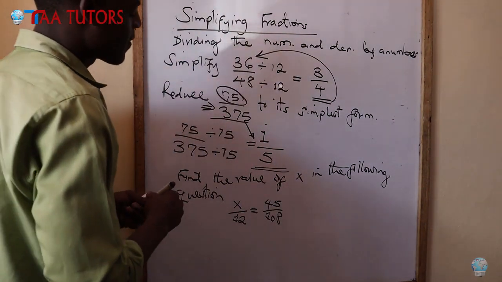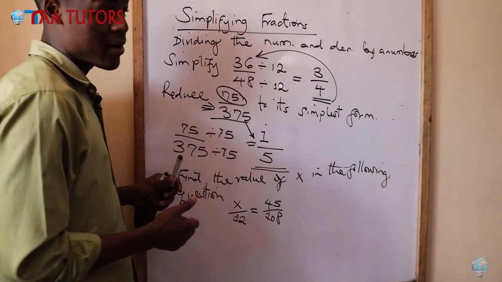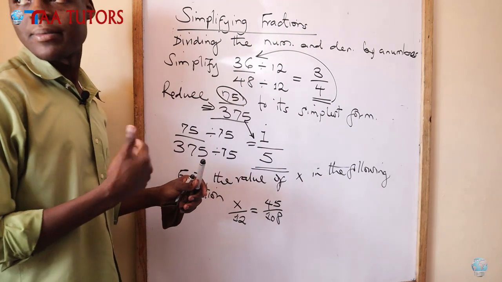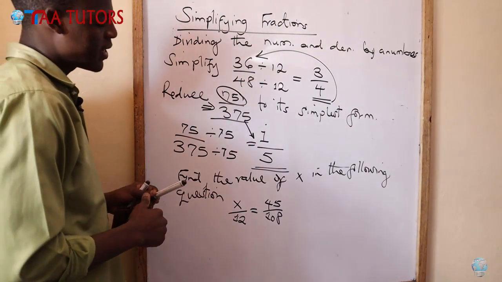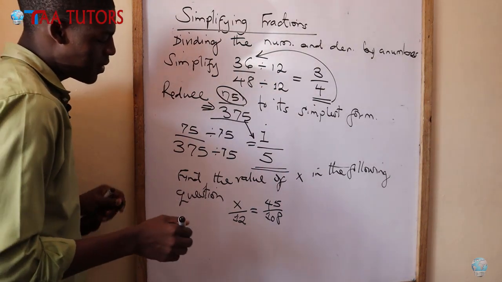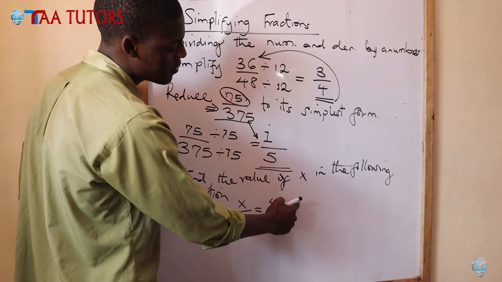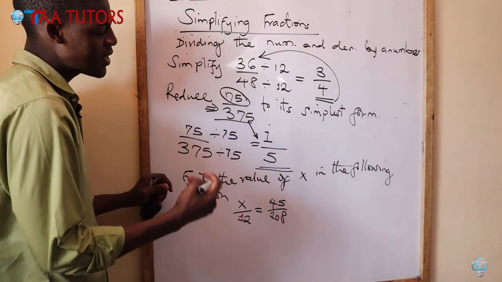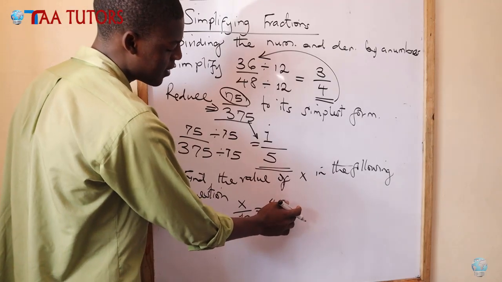We've done equivalent fractions, and an equivalent fraction was only calculated by either multiplying or dividing the numerator and the denominator by a number. So when you are given x over 12 equal to 45 over 108, there must be a factor they have used to multiply both sides so that they arrive here.